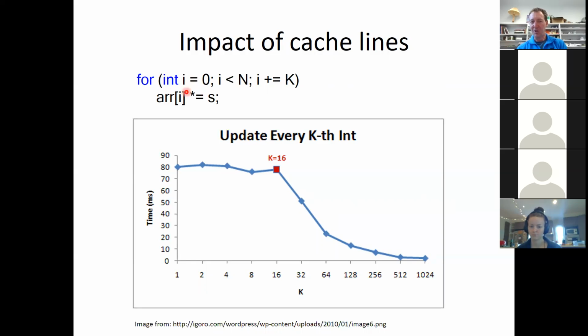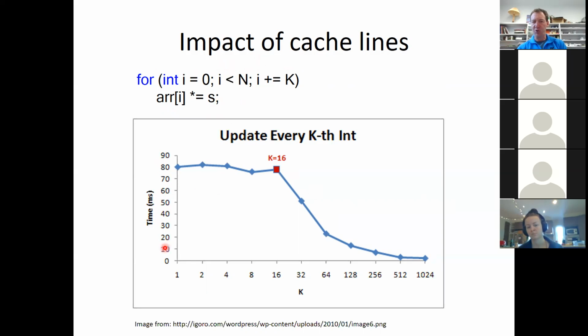The performance shown here is not the performance of the total loop, because this would be an unfair comparison. Of course, if the k is high, then you go through fewer elements in the loop and it should run faster. What's really shown here is the performance of executing a single iteration of the loop.